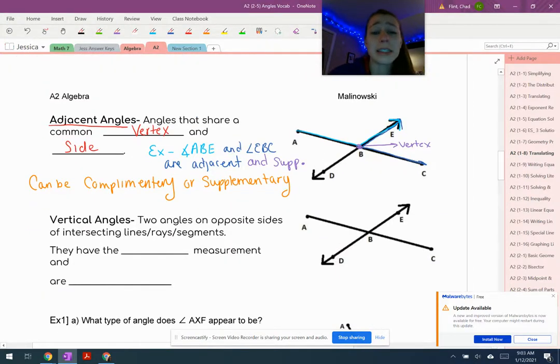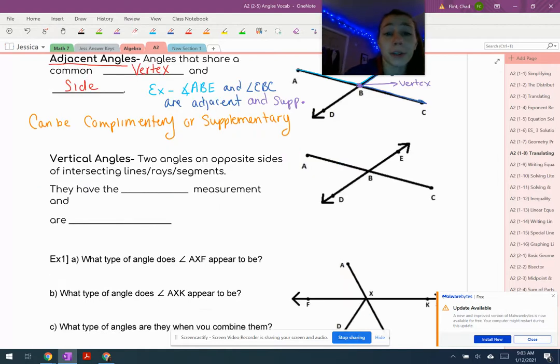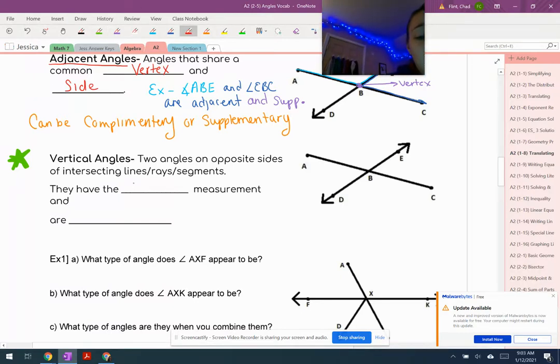Now that's completely different from vertical angles. Vertical angles are important. Vertical angles are two angles on opposite sides of intersecting lines or ray segments, depending on whatever it is. So vertical angles have the same measurements and are congruent.